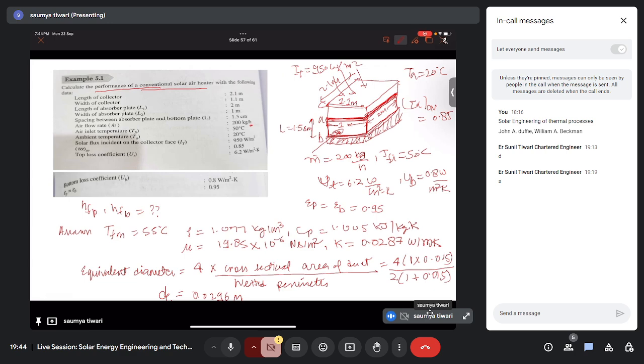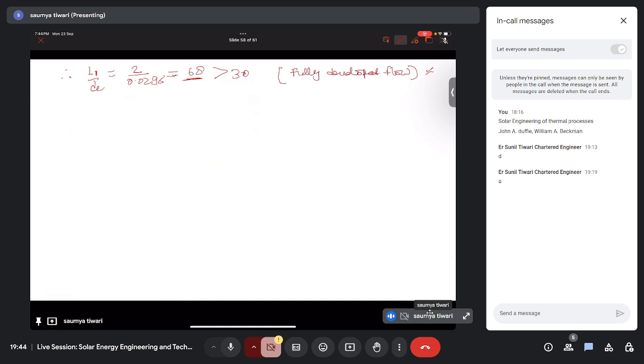From air flow rate, we know the area, so we can calculate the average air velocity, right? Here the mass flow rate is 200 kg per hour.